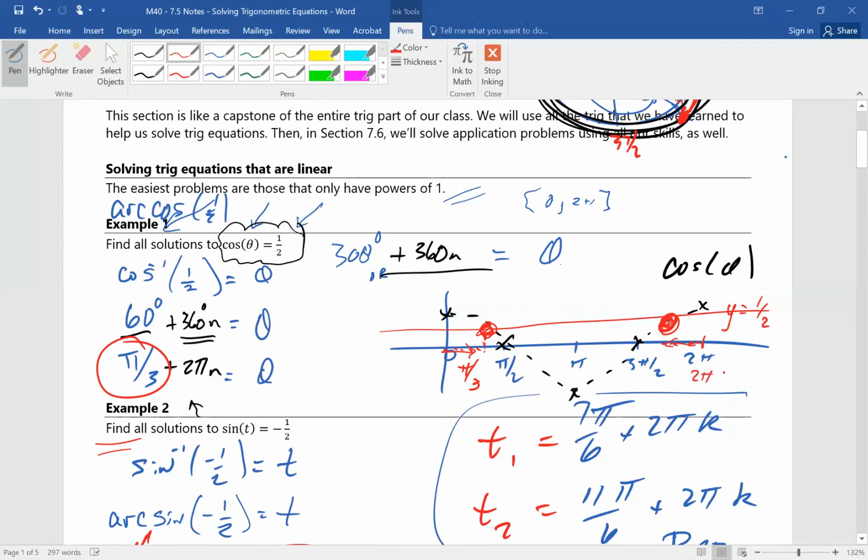You can do 2 pi minus pi over 3. And again, if you wanted to crank it all out, that's just 6 pi over 3 minus pi over 3, or 5 pi over 3, which was our other answer over here. 5 pi over 3, I erased it, right? Plus 2 pi n.